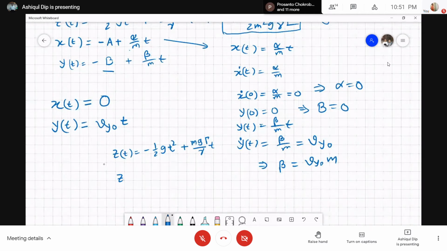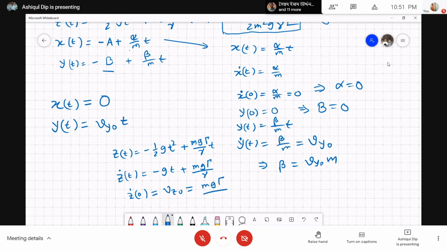So z dot at t would be negative gt plus mg gamma by small gamma. And what was z dot at 0? Vz naught. That gives me Vz naught equals mg gamma by small gamma, so this part is just Vz naught.